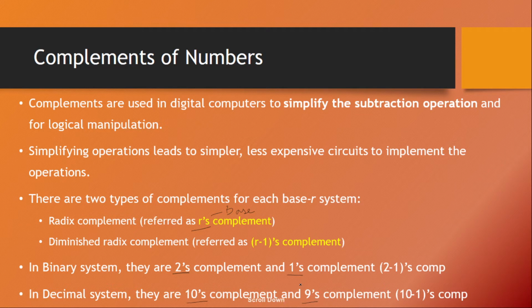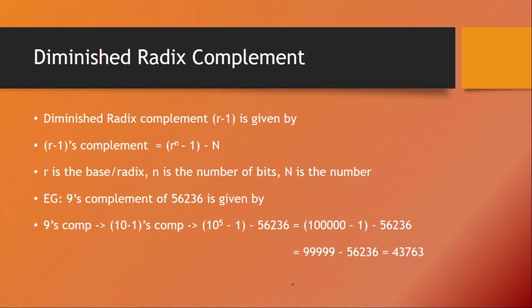So let's try to understand how we are supposed to calculate these complements. We will start with diminished radix complement. Diminished radix complement is commonly called R minus 1's complement, and it can be calculated with the help of a small formula which is given by R power n minus 1 minus N. Here we have three different variables.